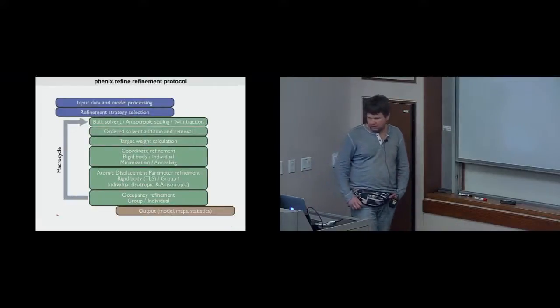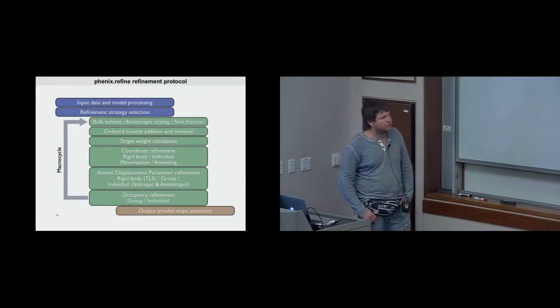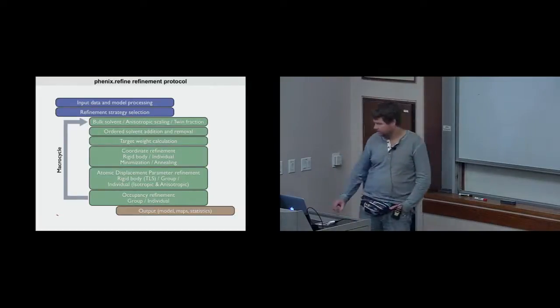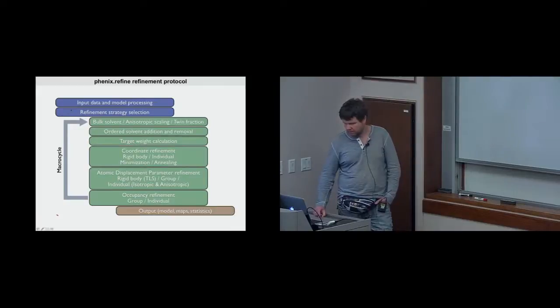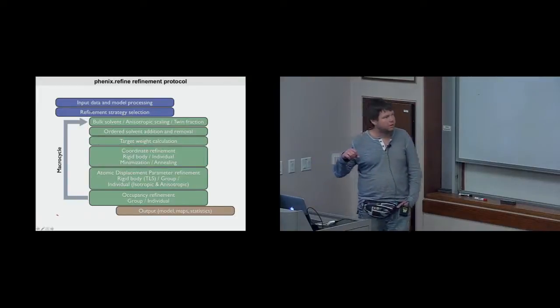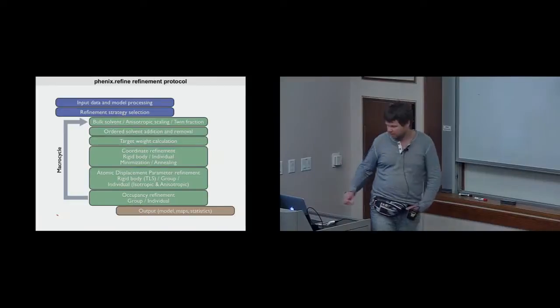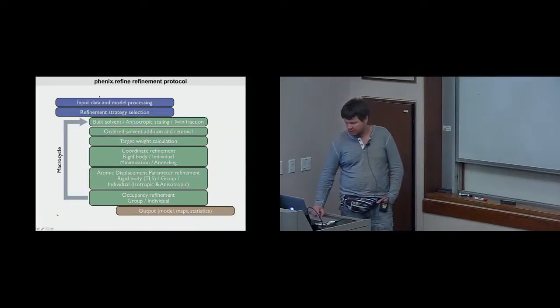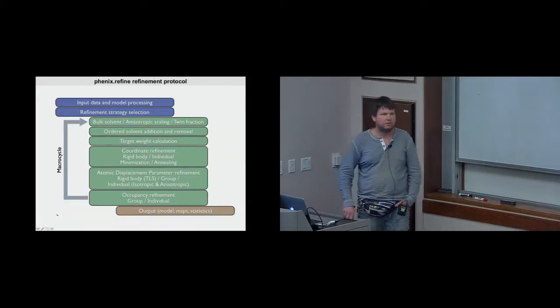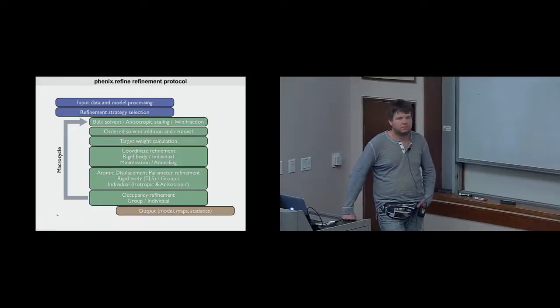This slide illustrates what happens when you run Phenix.refine. Basically, what happens is there are three stages. One is swallowing all inputs and digesting them, and I should say inputs can be any. It's very sophisticated about it. So, for example, you can give any reflection file format.